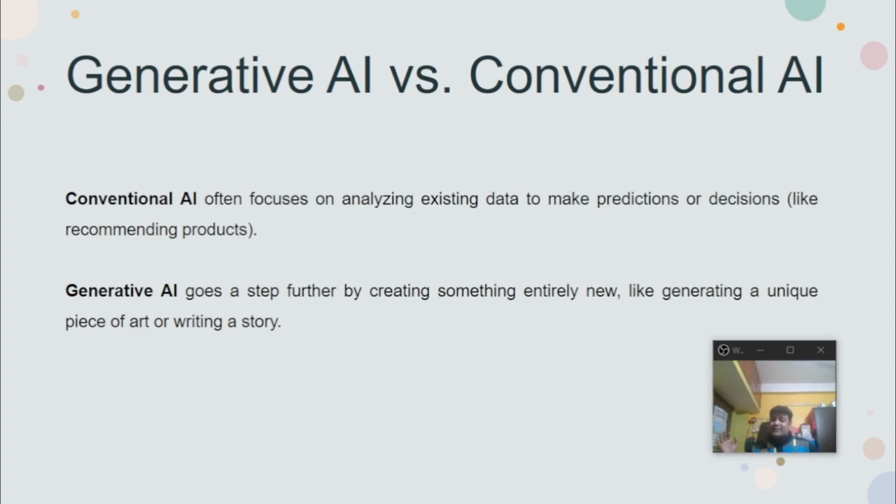Generative AI goes a step further by creating something entirely new, like generating a unique piece of art or writing a story. Hence, these are the main differences between generative AI and conventional AI.